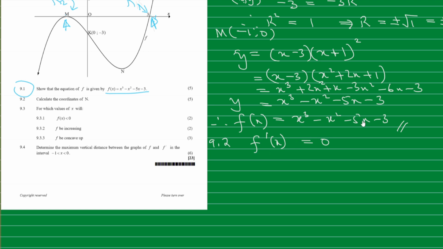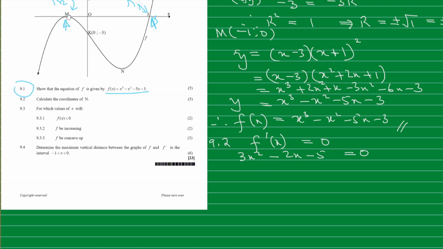So we have to differentiate the function, which gives 3x squared minus 2x minus 5, and equate that to 0.